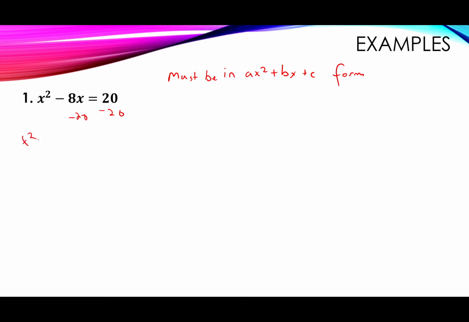And now I got x squared minus 8x minus 20 equals 0. Okay, and now I can start plugging in my equation. Remember, negative b plus minus square root of b squared minus 4ac. And in case you're just worried about this, yes, this is on your reference sheet for the STAAR test.